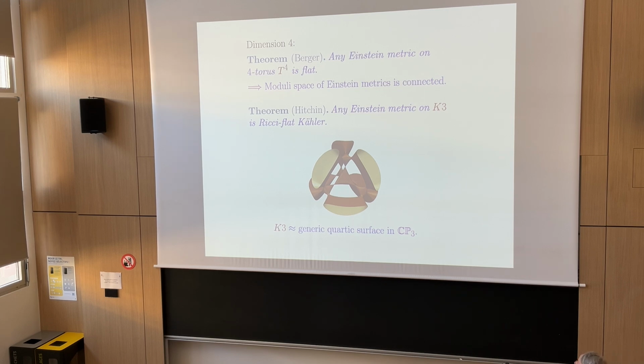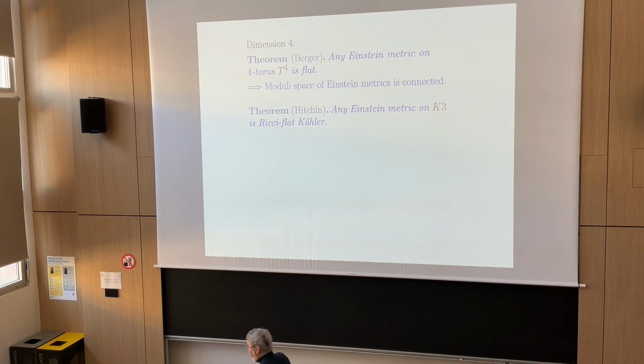So, but this interesting simply connected manifold, it turns out Hitchin showed that if you had an Einstein metric on it, it would have to be Ricci flat and it would have to be Kähler. And building on this idea, one could eventually show that the moduli space of Einstein metrics on this simply connected four-manifold is actually connected.